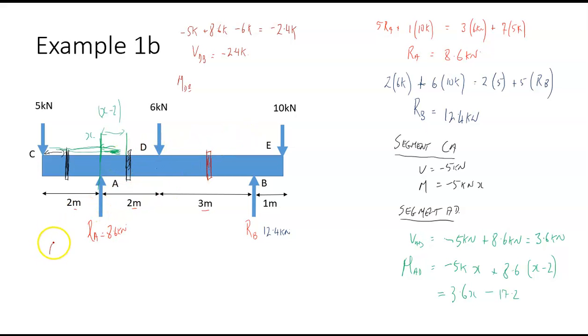So if this distance here is now x, it's minus 5k times x, plus 8.6k times x minus 2, minus that distance there, which is 6k times, well, if that's x and that's 2 and 2 is 4, that's x minus 4.